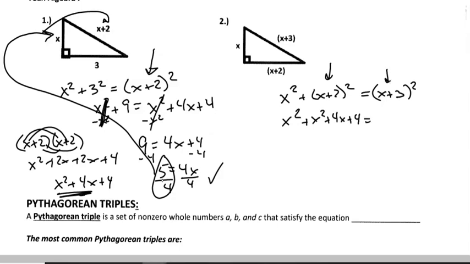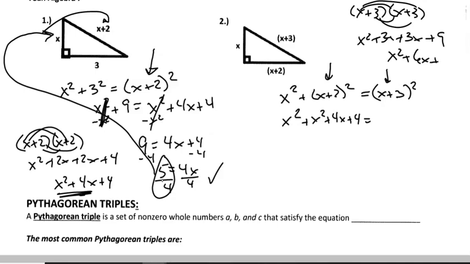Now I do have to go over and FOIL that. X plus 3 times x plus 3. It's going to give me x squared plus 3x plus 3x plus 9. X squared plus 6x plus 9.